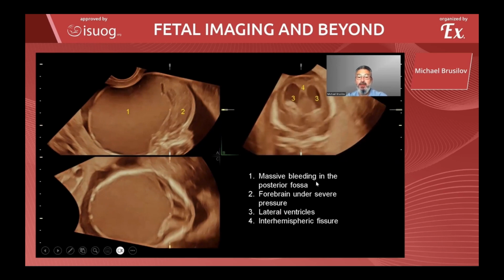Massive bleeding in the posterior fossa, forebrain under severe pressure, and you can see here the lateral ventricle and interhemispheric fissure. So a case of massive bleeding in the posterior fossa.